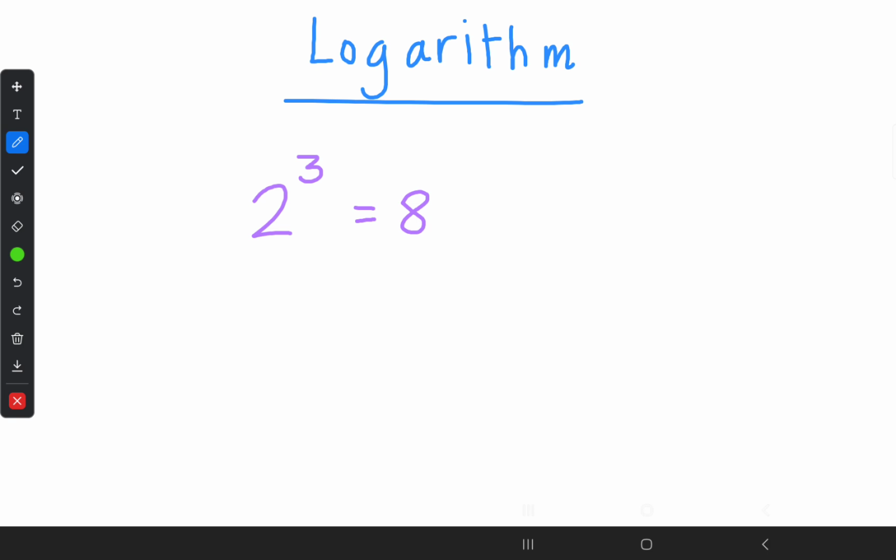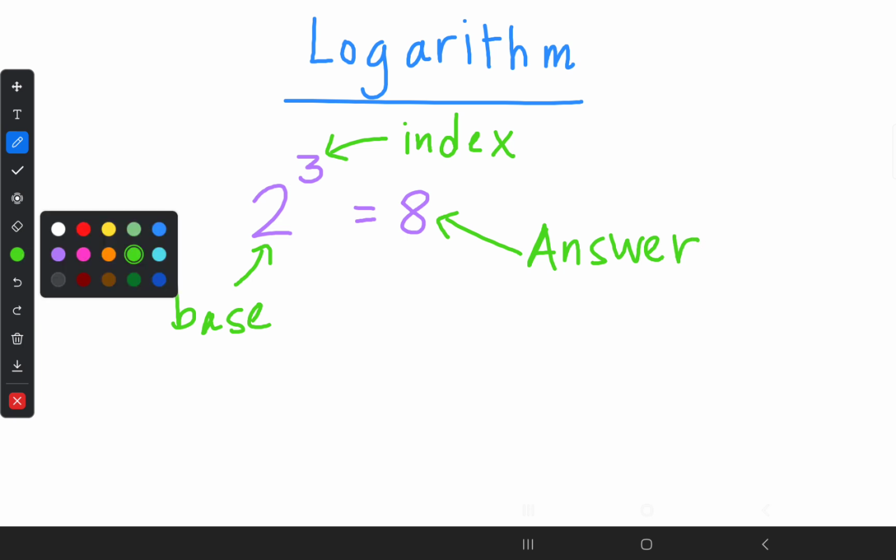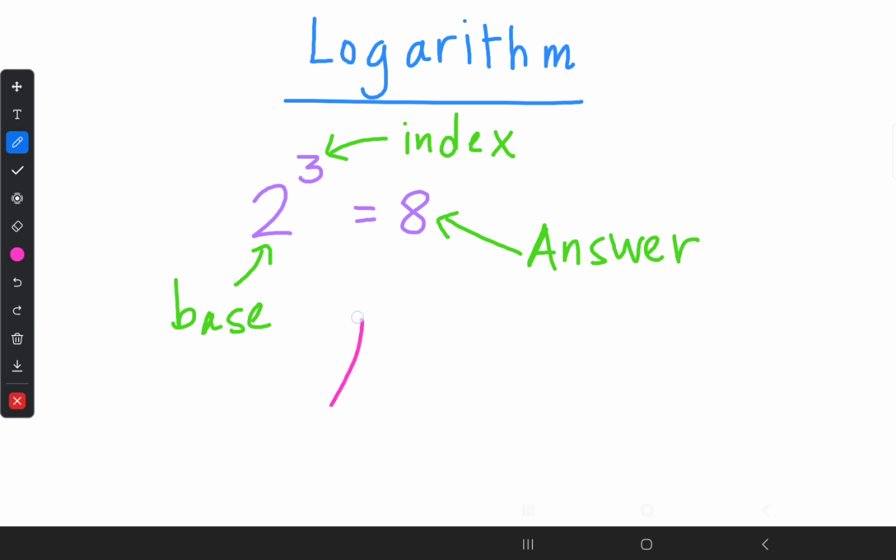Here you should identify the components. This is our base, this is our index or power, and this is the answer. 2 to the power of 3, the answer is 8. Let's convert this to logarithmic notation. Let's write log. What would be the base? Base is 2. Then the answer 8.